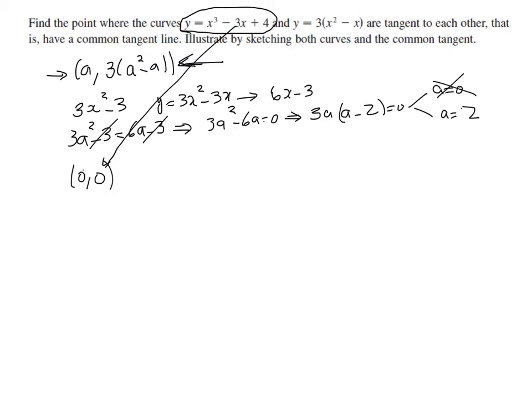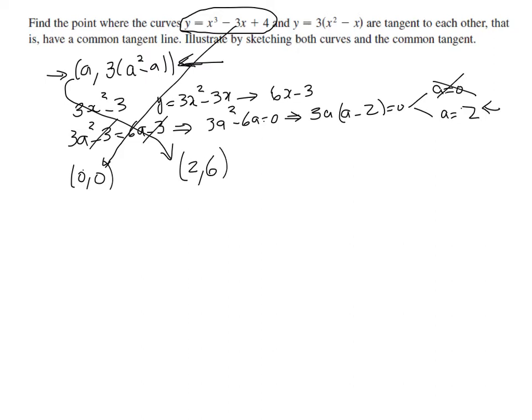Now let's check the second a value, which is 2. If a is 2, then this point becomes (2, 2 squared is 4 minus a, which is 2. So 4 minus 2 is going to become 2, 2 times 3 is 6).